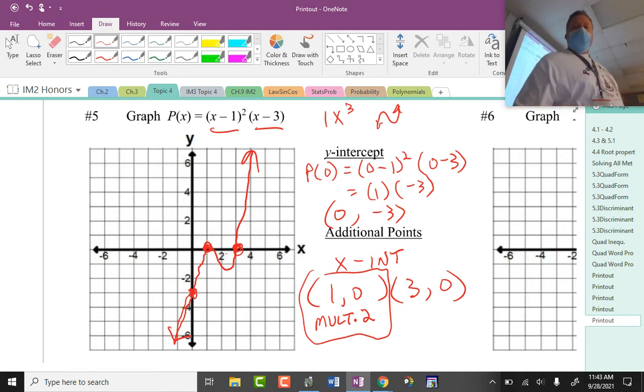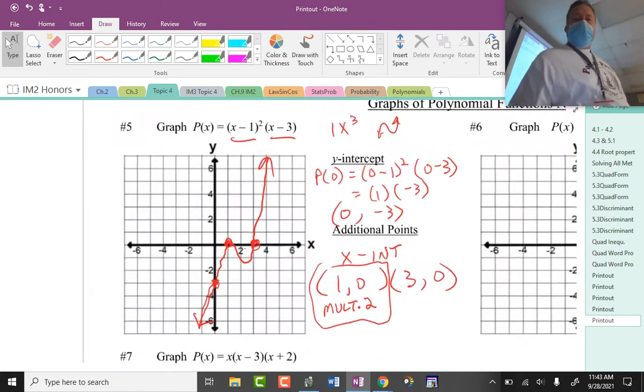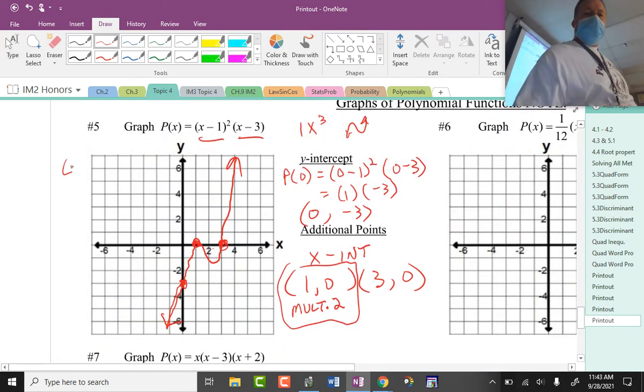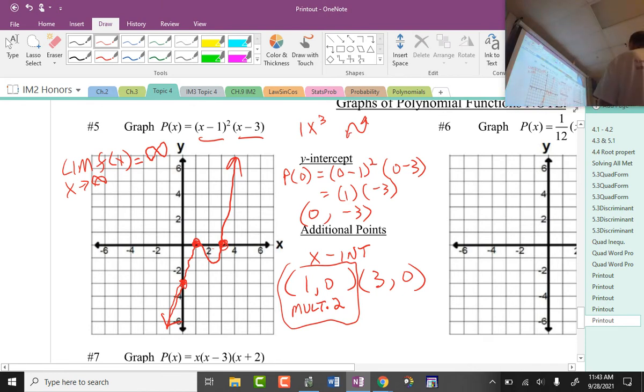Now, I didn't do this on the previous page, but the limits are pretty simple. The limit of f of x as x approaches infinity. What's the answer to that for everybody? 3, 2, 1, go. Infinity. Where the heck were you? This is so sad. As I plug in a big X, a big Y happens.